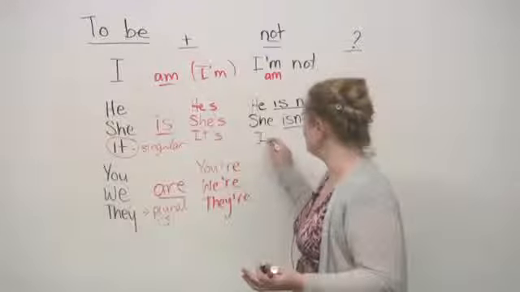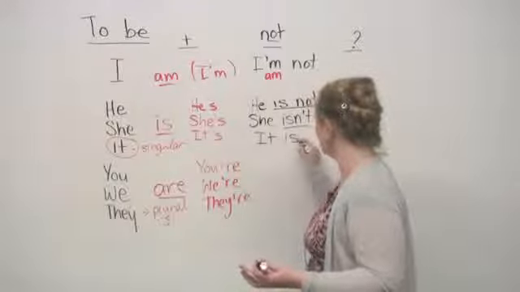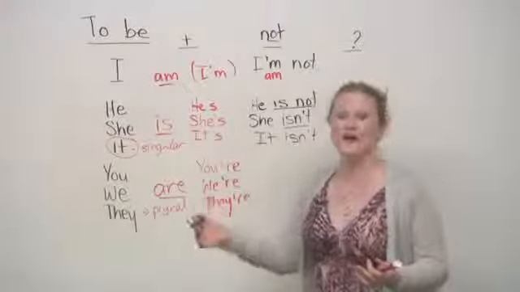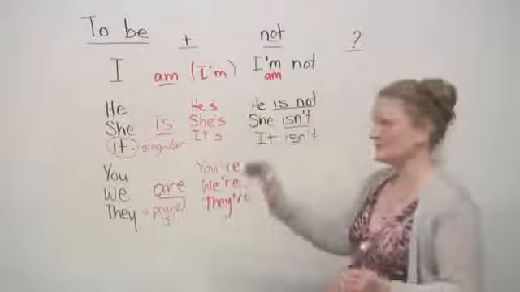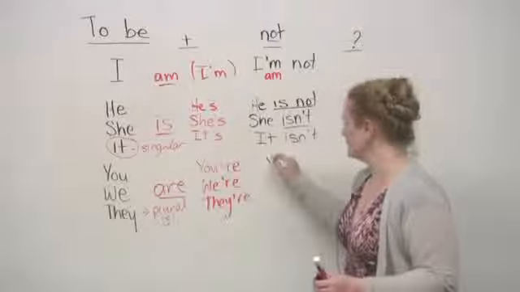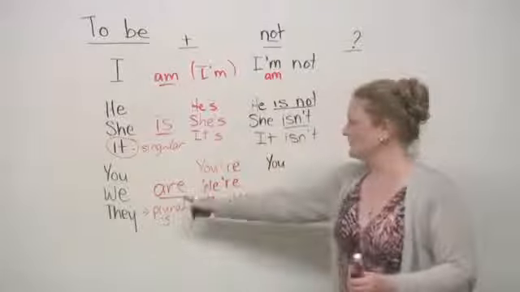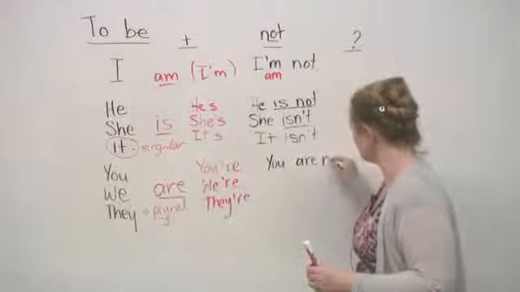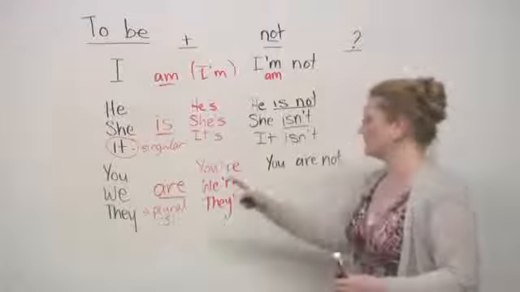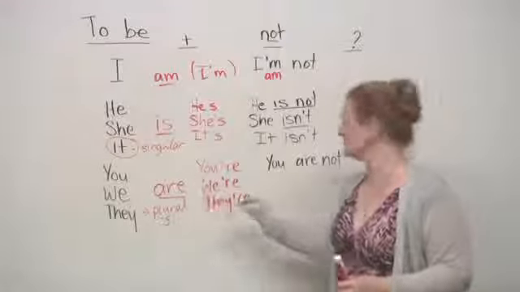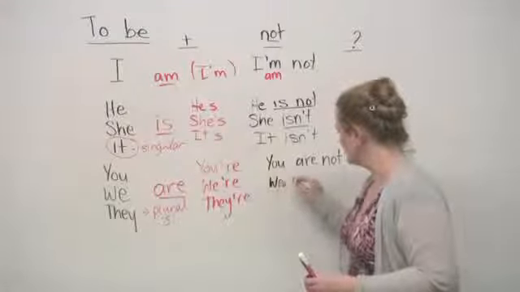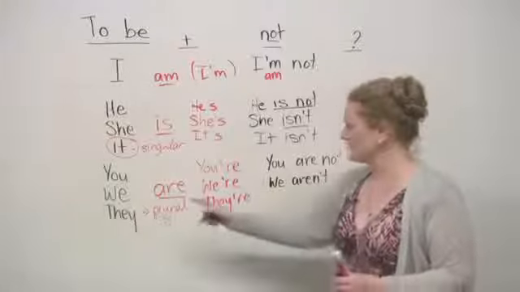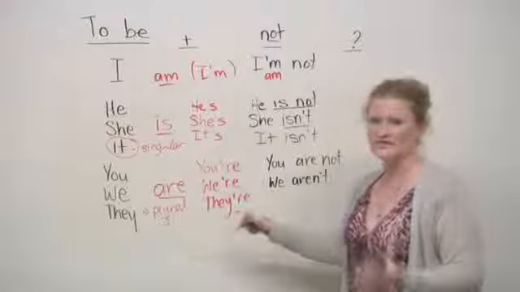And then you say, it isn't, or it is not. And the last three are, you are not, or we can say we are not, or we aren't. I can say they are not, or they aren't.